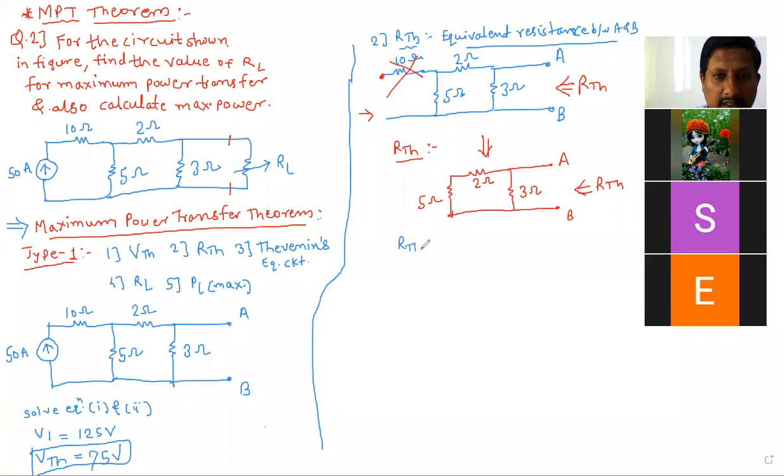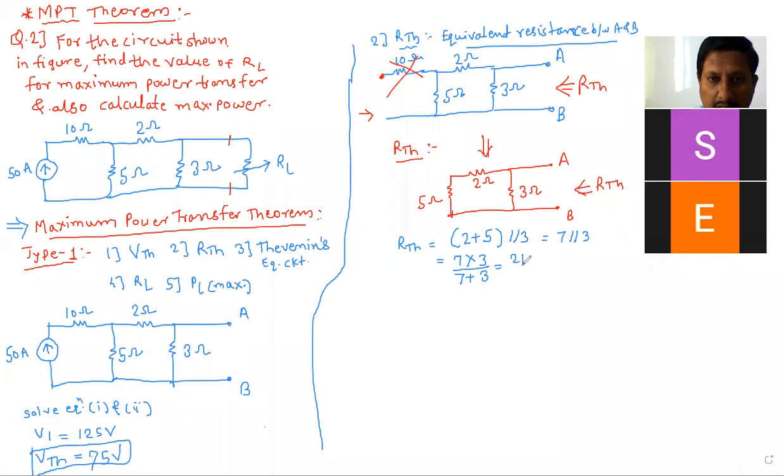So RTH is equal to 2 plus 5 in parallel with 3. So 7 is in parallel with 3. You can find 7 into 3 divided by 7 plus 3, which is 21 divided by 10. So RTH is equal to 2.1 ohm.